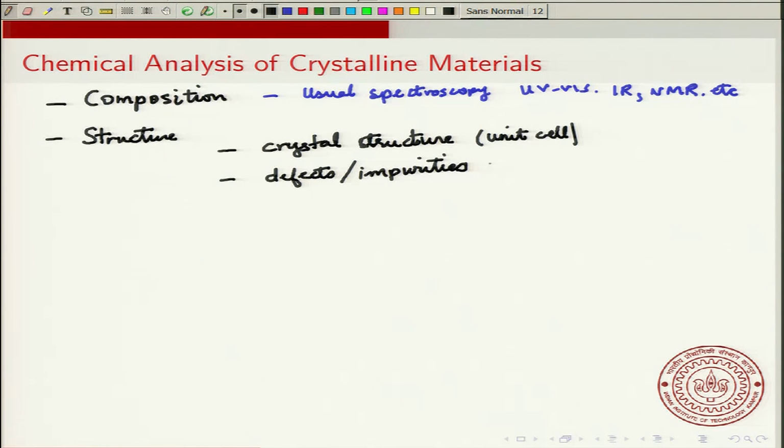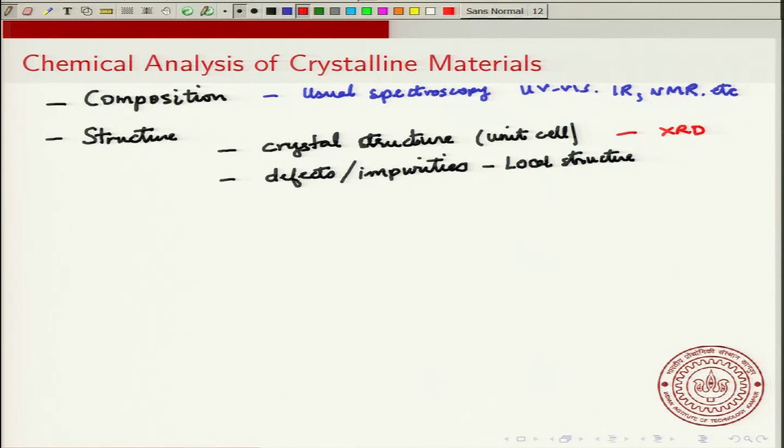So, these are related to the local structure, and again these can also be determined using spectroscopic methods, whereas the overall crystal structure determination is usually by XRD.